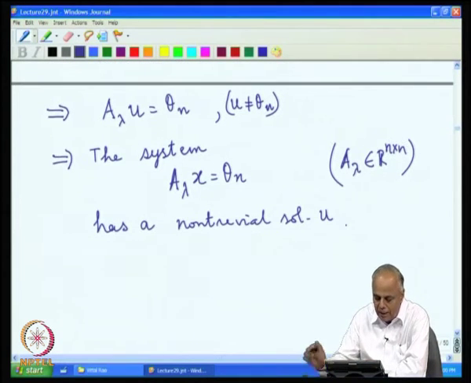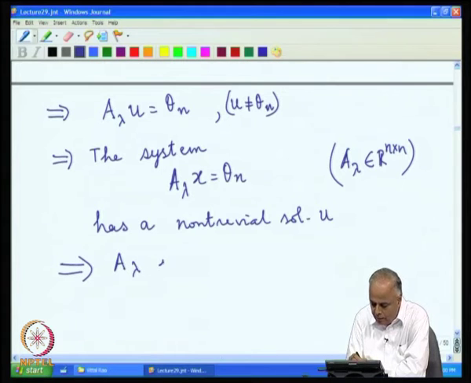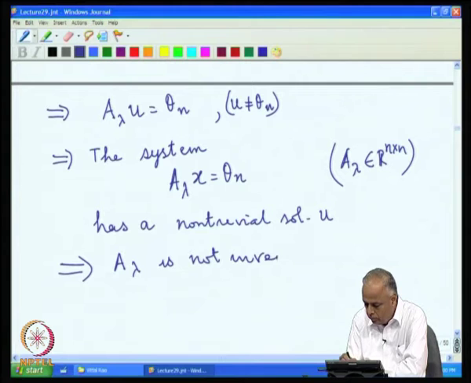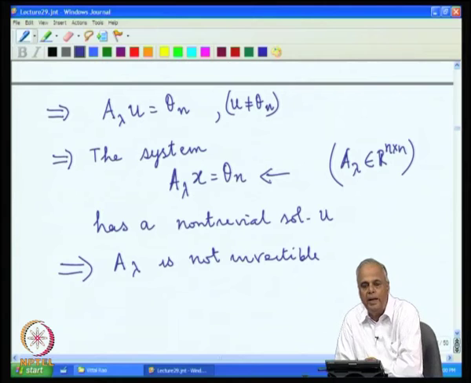This immediately tells us that A lambda is not invertible, because if A lambda were invertible, this system would have x equal to A lambda inverse times theta, which is 0. So, x would be 0, but we have a non-trivial solution u.